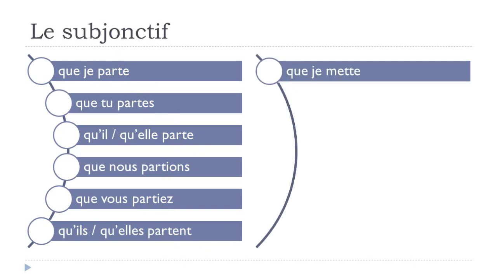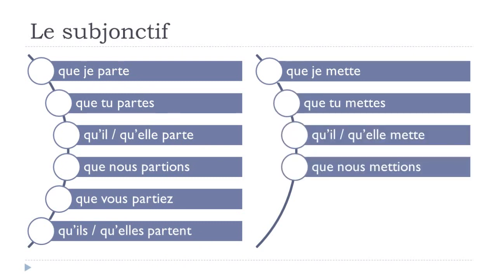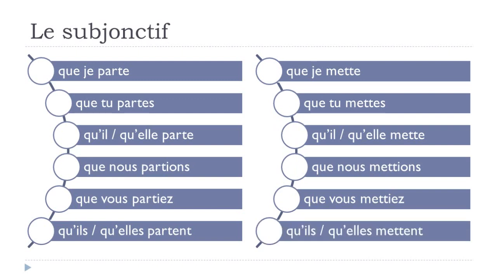The verb mettre, to put, que je mette, que tu mettes, qu'il mette, qu'elle mette, que nous mettions, que vous mettiez, qu'ils mettent, qu'elles mettent. So you can see that for these verbs, the first part will stay the same. You just need to put the endings according to what we saw previously. So e, es, e, ions, iez, ent.